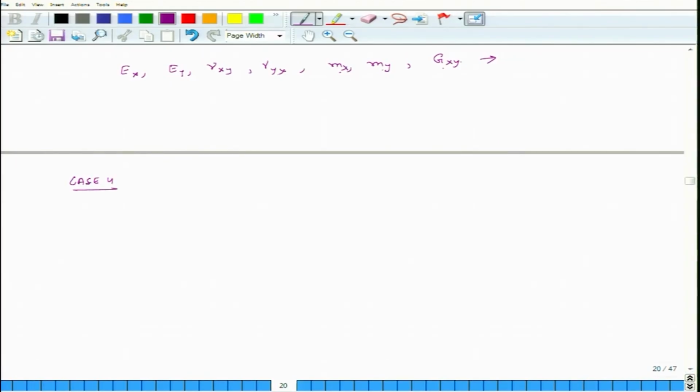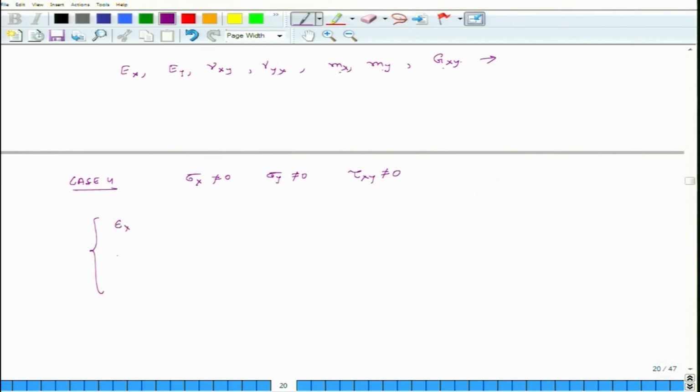And how do we develop the strain stress relationships? Basically through the principle of superposition. So, here sigma x is not equal to 0, sigma y is not equal to 0, tau xy is not equal to 0, and through the principle of superposition we just add up the contributions from each of the stresses.